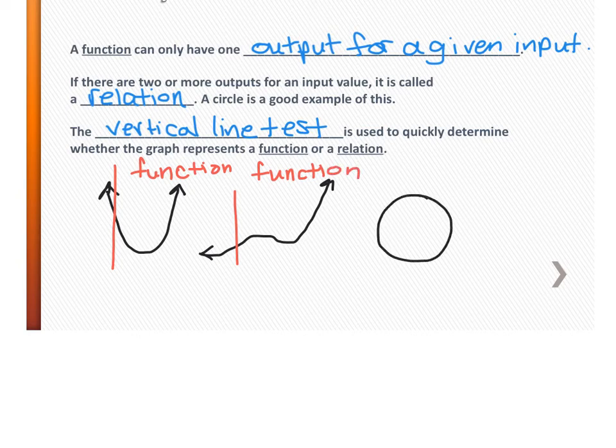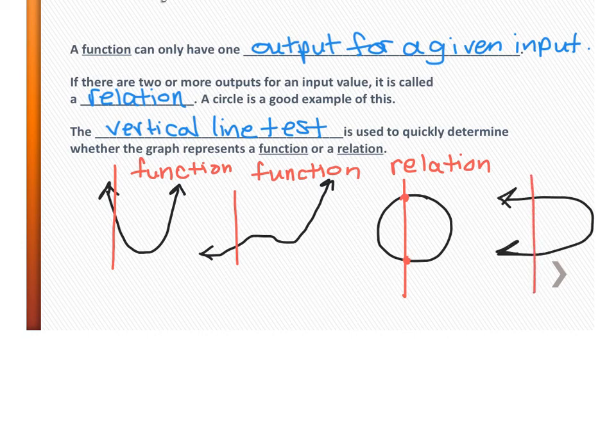In contrast here, if I have a circle and I draw a vertical line, you can see easily that it's hitting in two places on that curve, so that would be an example of a relation. And one more example here, if I had something that looks like this and I drew that vertical line, you can see it hits twice, that would be a relation. Okay, hope this helps answer the question, what is a function and how do you test for one?